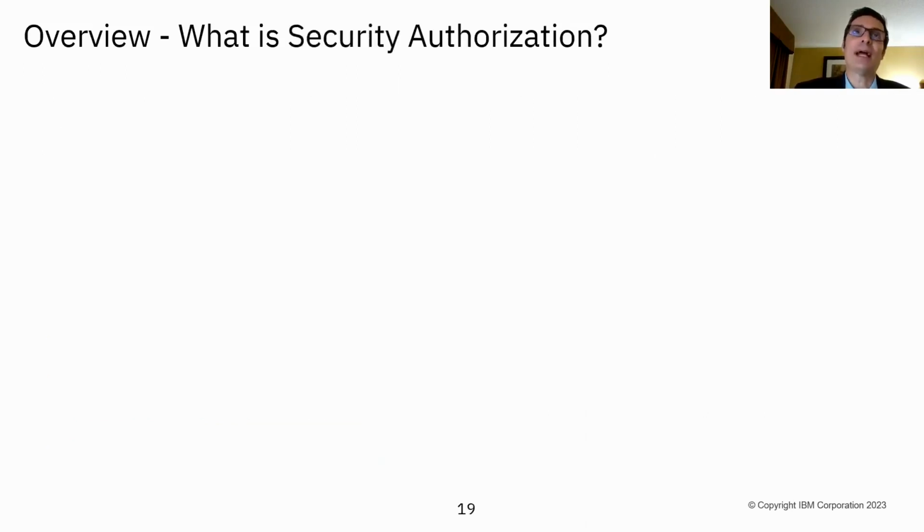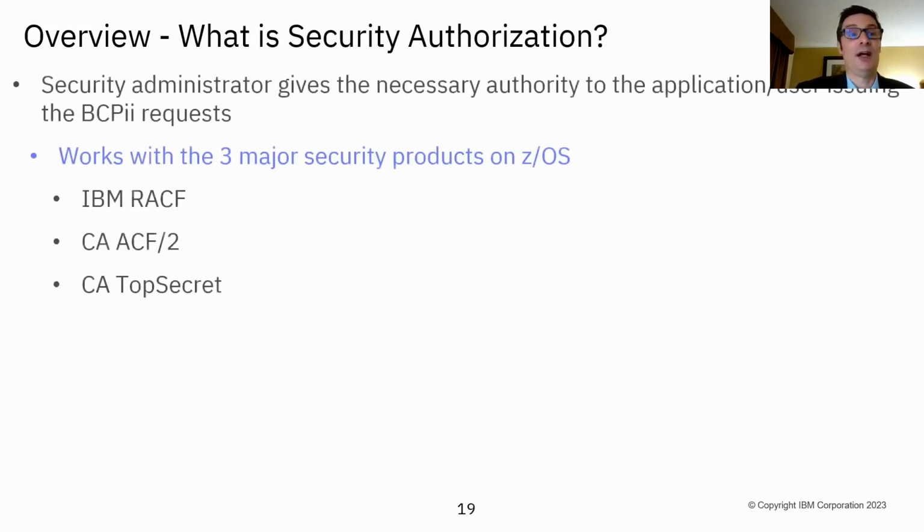Now, let's contrast that with security authorization. So within zOS, there is the concept of SAF. The Security Access Facility allows you to interface with one of the three major security products that are available on zOS. So two are produced by Broadcom. One is called ACF2, and another is called Top Secret.